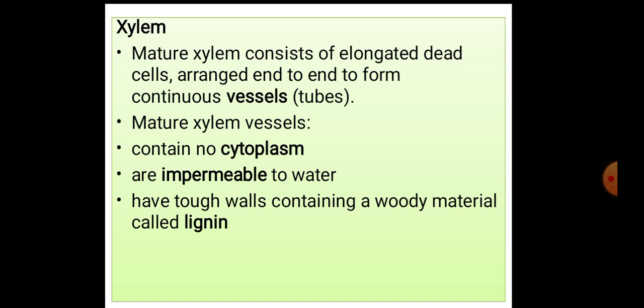Mature xylem consists of elongated radial cells arranged end to end to form continuous vessels. Mature xylem vessels contain no cytoplasm, are impermeable to water, and have tough walls containing a woody material called lignin. Means you can understand these are dead cells.